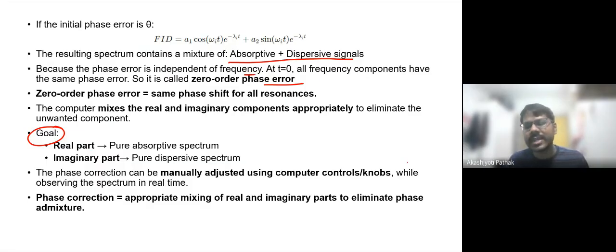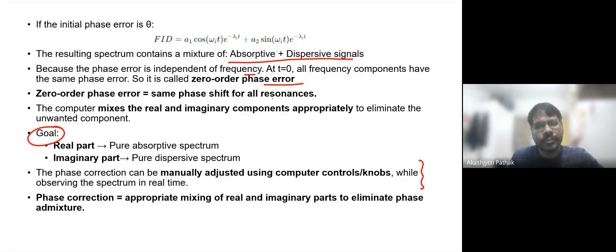We do not have to do this phase correction ourselves. The software is already fitted in the system, and it appropriately mixes the real and imaginary parts to eliminate the phase admixture. By adding a particular function, we can remove the dispersive component that we were getting.